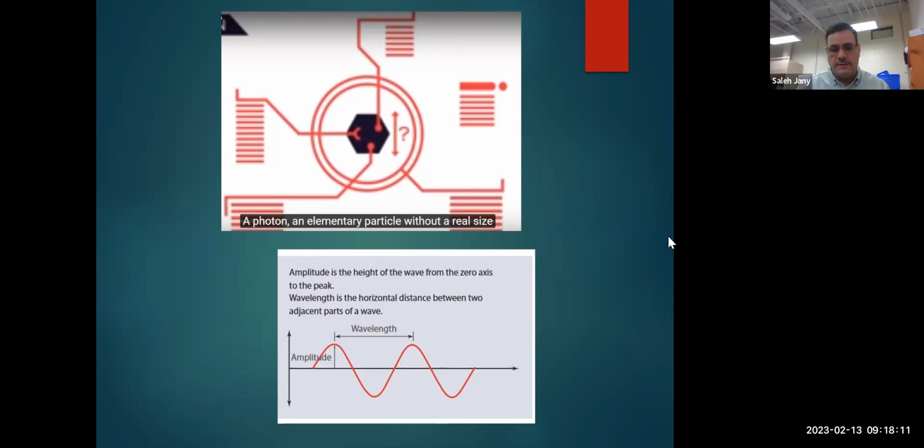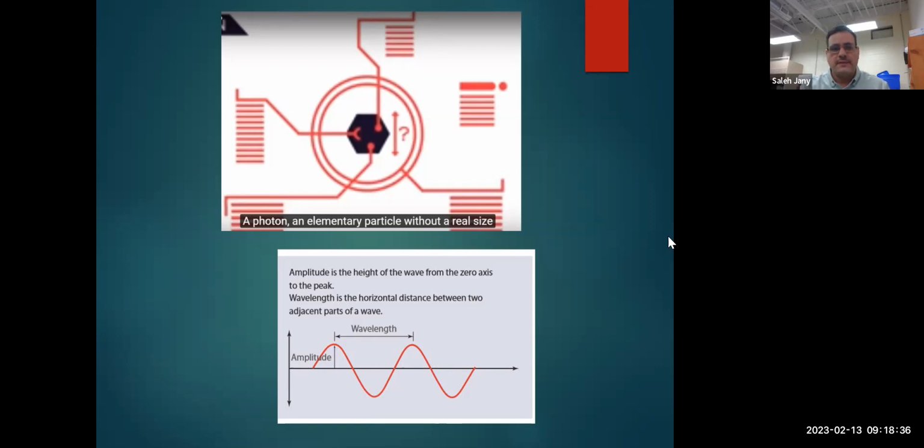Okay, so the light has dual capacity, can be wave and can be particle, and the wave has this shape. There's a wavelength and there's frequency. The frequency is the number of waves that go through a point during a certain time.